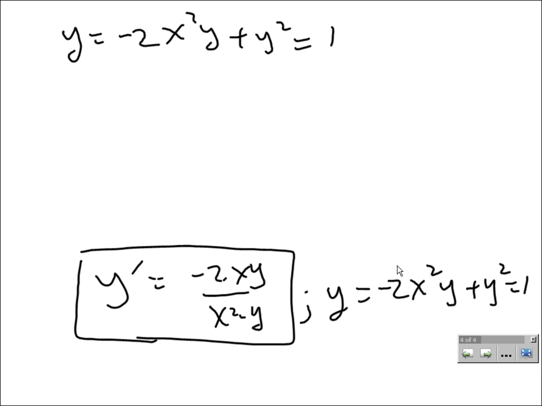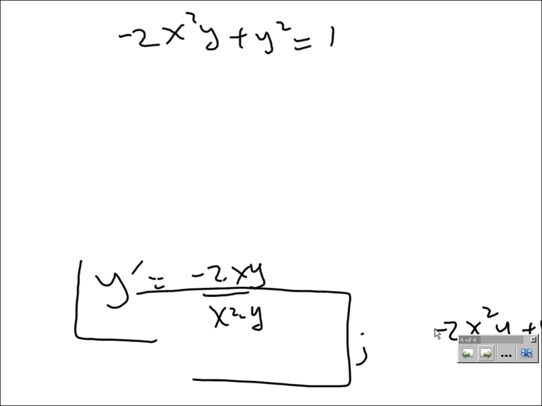Now, if you look, the beginning problem never had y equals. It says that's the solution. Okay? This here is the solution.